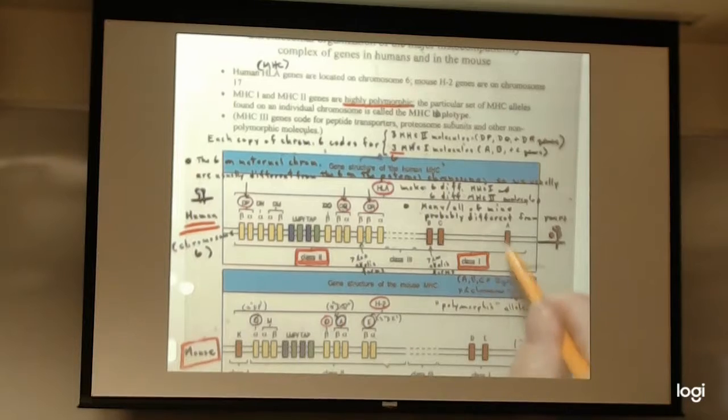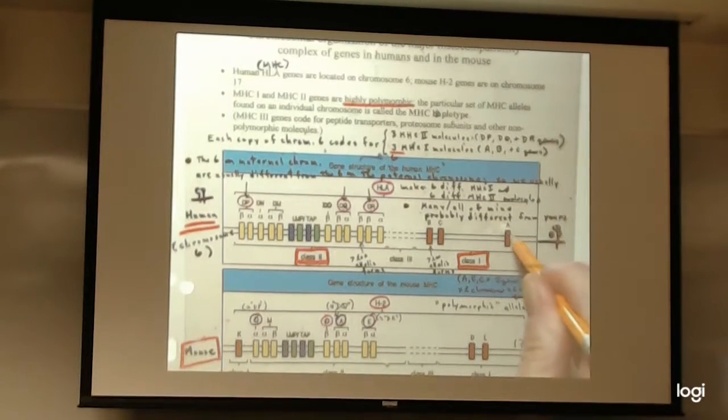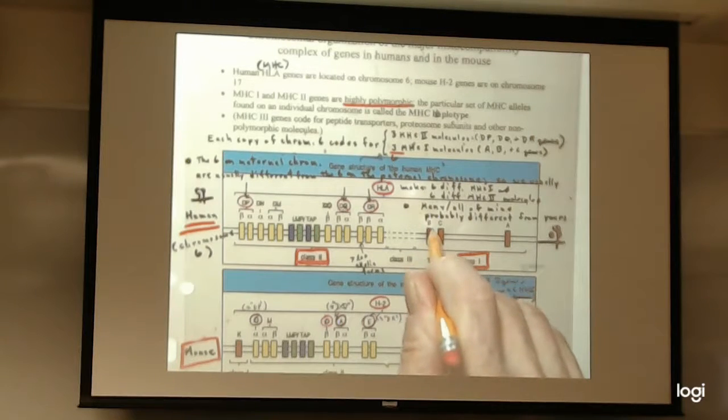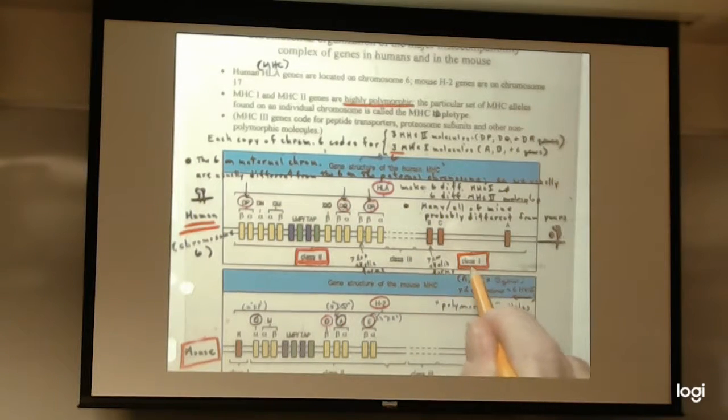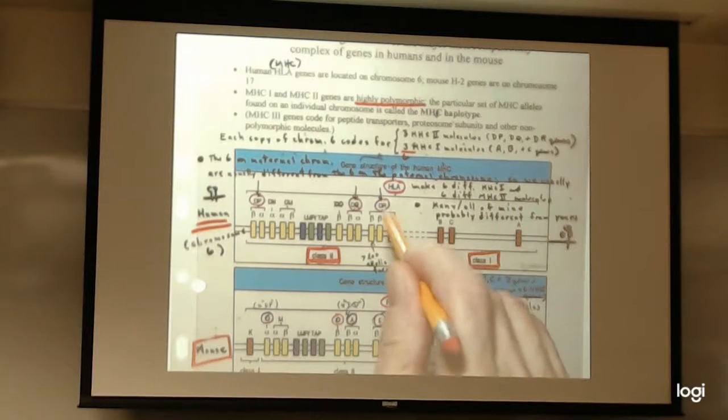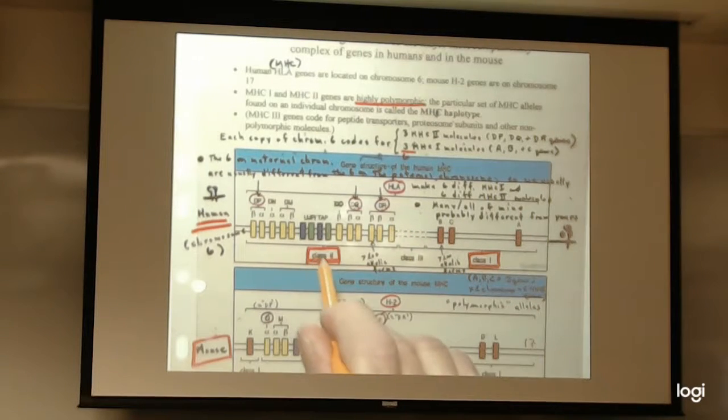Human beings have 3 genes, conveniently called A, B, and C, that code for class 1 protein molecules. And conveniently, we have 3 genes that code for the proteins you need to make class 2 molecules.